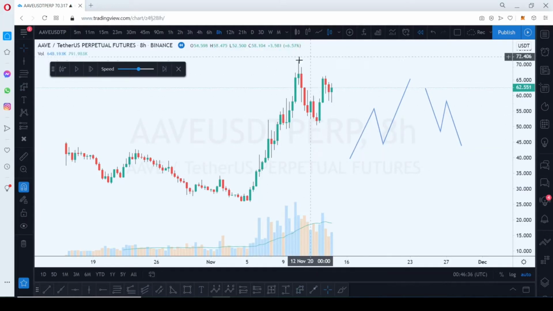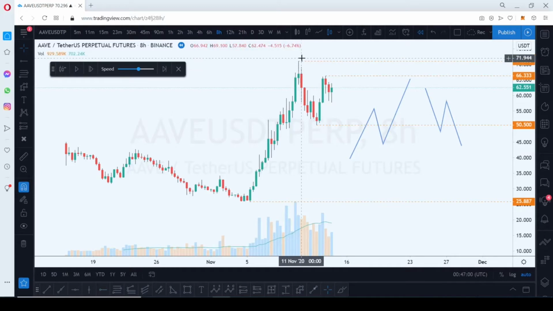So looking at this particular chart, what can we see? I can see a low here, and I'm seeing a high here, and here this looks like a higher low, and this looks like a lower high.